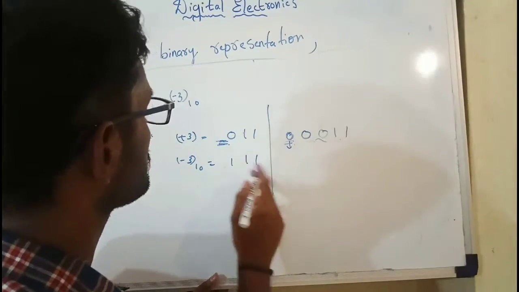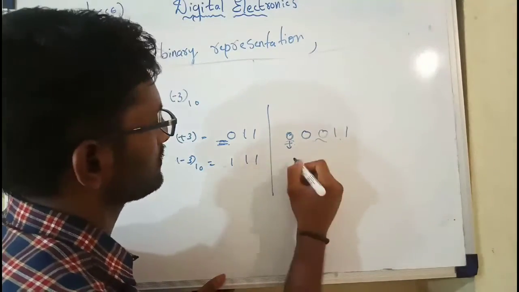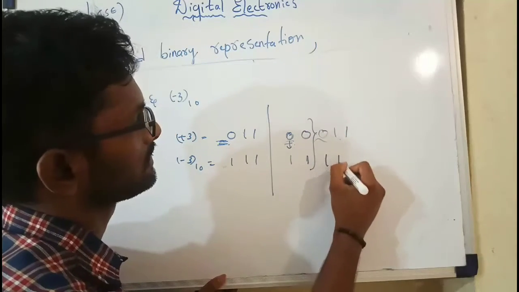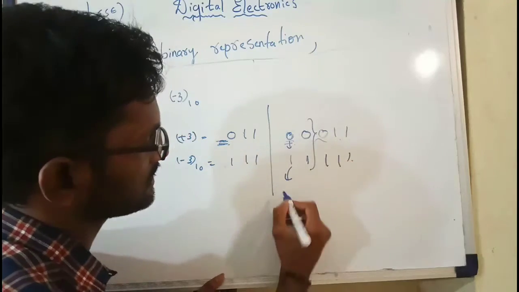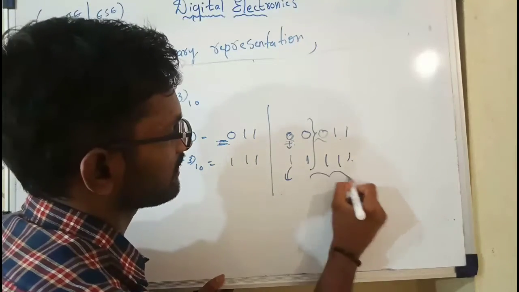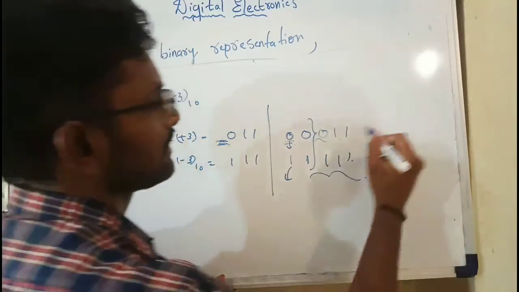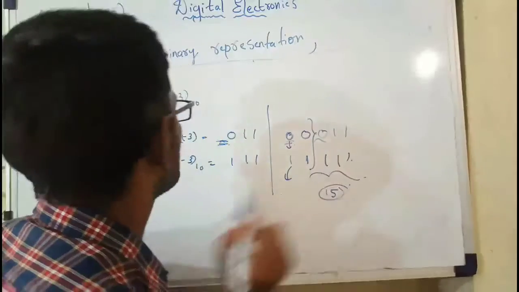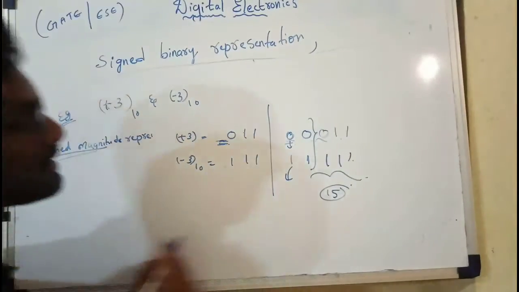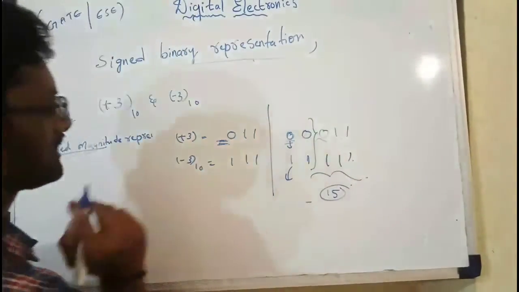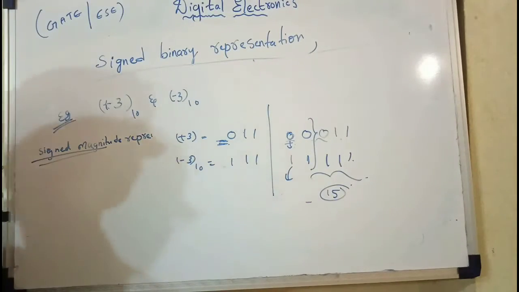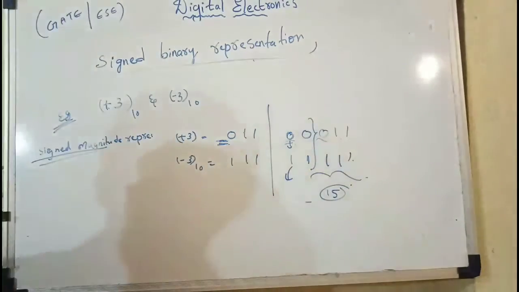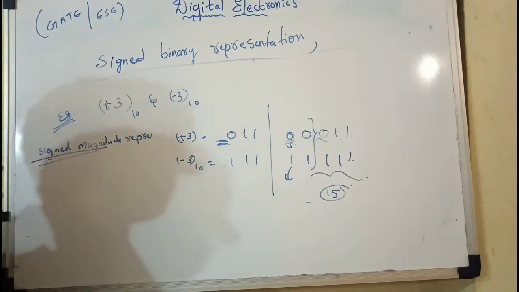But for minus 3 in base 10, extend another 2 bits. These are the extended bits. The last bit only represents the sign bit. The remaining value here is 8 4 2 1, 12. Here the value is 15, which is minus 15, but the value should be minus 3. We are not getting the value. So in sign magnitude representation, sign extension is not possible.